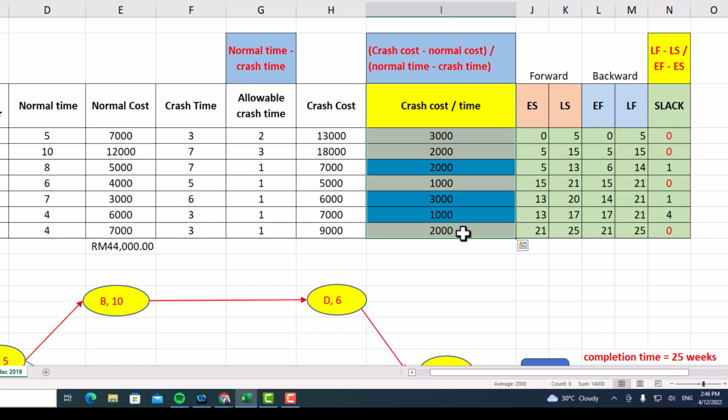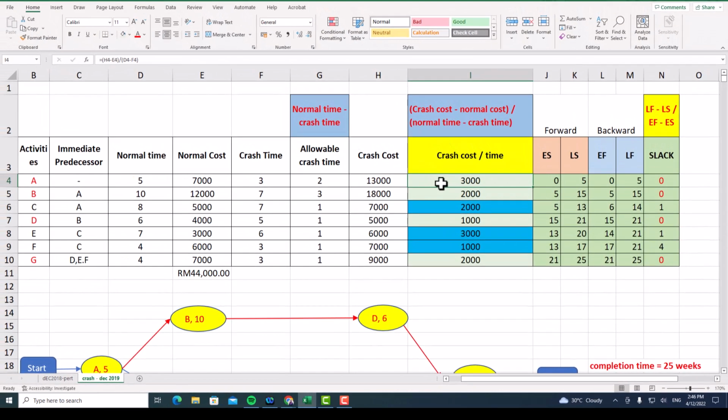Alright, this is the important row that you need to calculate in order to identify the crash cost per time. The next step is you need to identify the critical activities. From the diagram that you have drawn just now, we have identified there are 4 critical activities, which are A, B, D, and G. I have highlighted here the crash cost per time: 3,000, 2,000, 1,000, and 2,000 respectively.